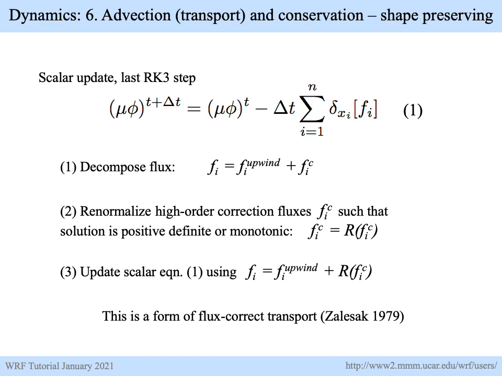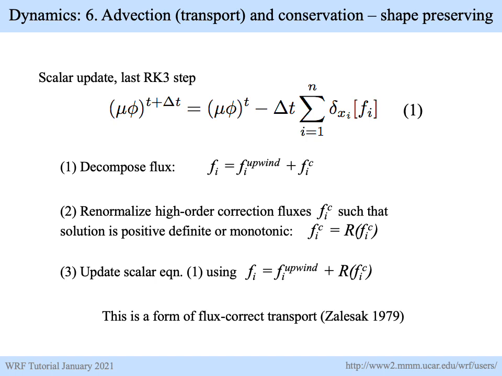The upwind flux is guaranteed to be positive definite and shape preserving. So it's okay. So we can do a partial update with that upwind flux, which is very low order, very dissipative, it turns out. And then we can say, does the higher order correction cause the solution to be either not positive definite, if that's the option we have, or not monotonic? Does it create a new local maximum or minimum?